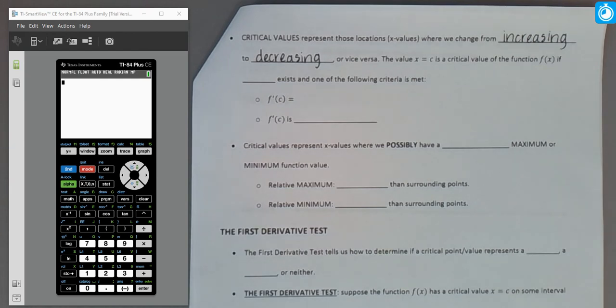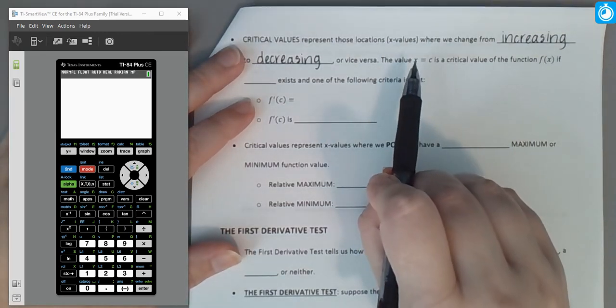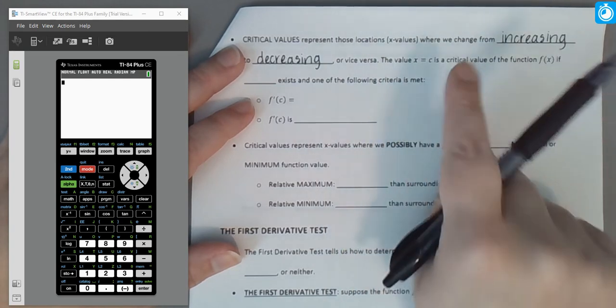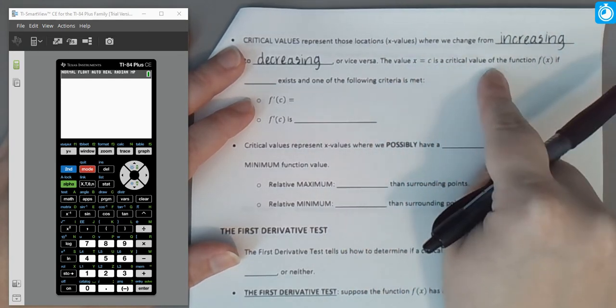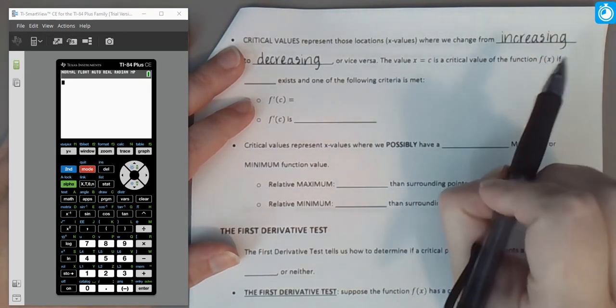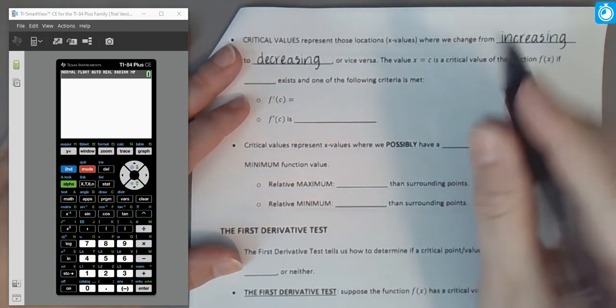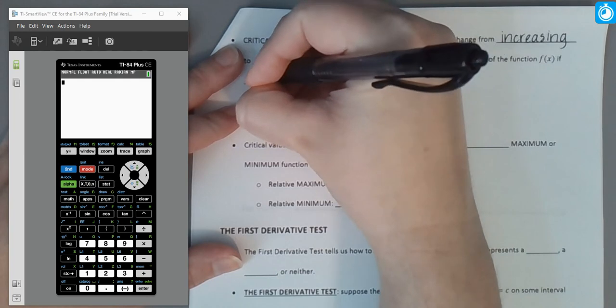So how do we know where these locations are going to be? How do we know where we're going to transition from a positive slope on our tangent line to a negative slope or vice versa? Well, if we're going to say that the value x is equal to c, a specific x value, that location is a critical value of our function if, number one, f of c exists.